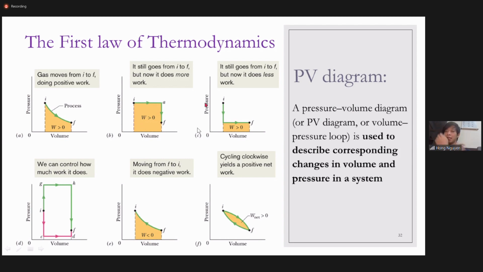We say that the work is dependent on the process, or the work is a path dependent quantity.